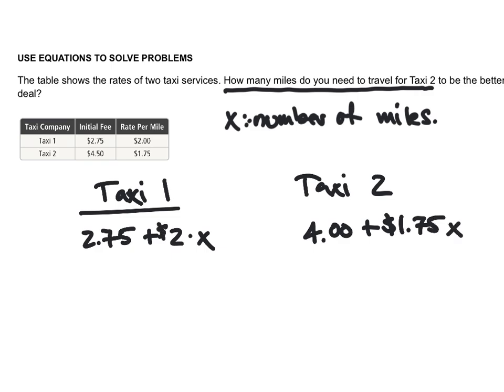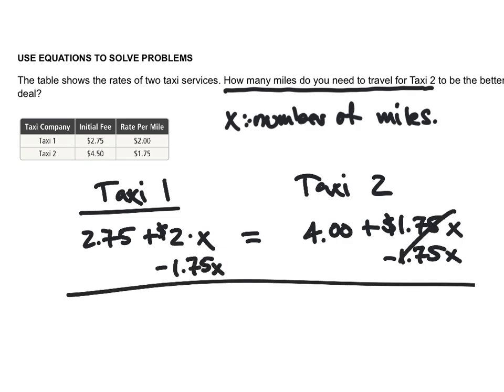And now what I want to find, again, is this break-even point, to find out how many miles we would need to travel for both of these to be the same. So let's subtract 1.75x from both sides and solve this equation for x.